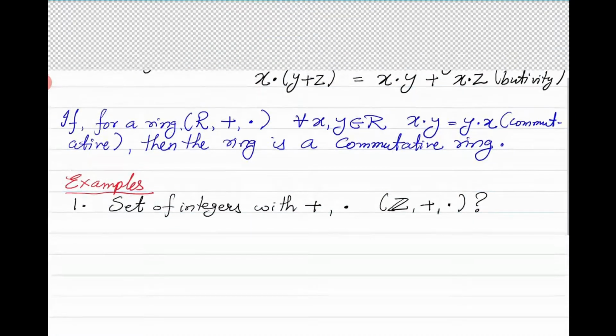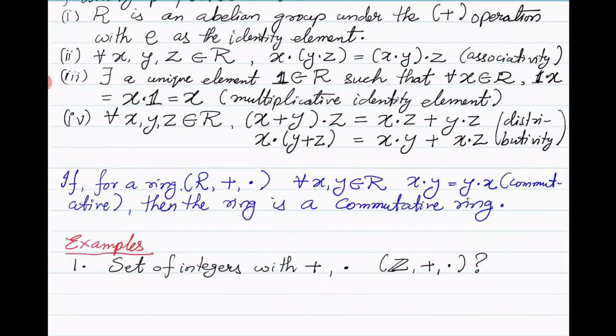Just check for the remaining three properties. Is associativity true for the multiplication operation? The answer is yes. Is there a unique element? The unique element in this case would be 1. Yes, there is a unique multiplicative identity element.